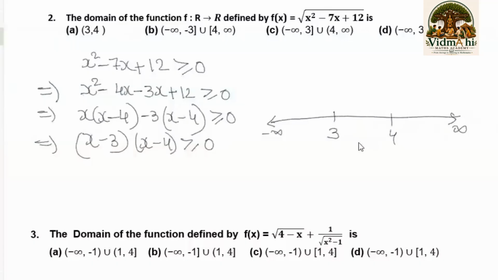Now, in between minus infinity to 3, consider any one value and substitute it in this inequality. For example, if you consider 0, substitute the value here. 0 minus 3 is negative, 0 minus 4 is also negative.